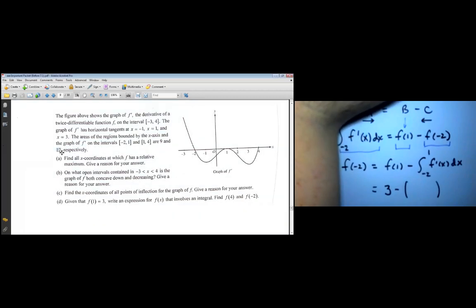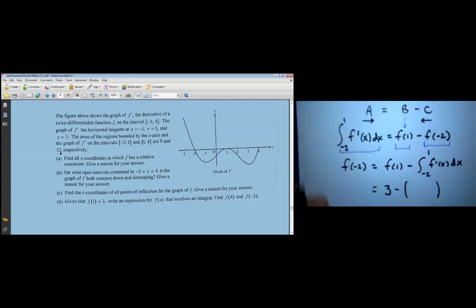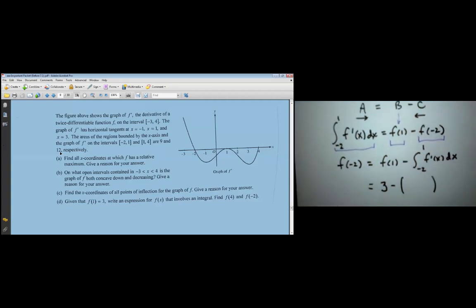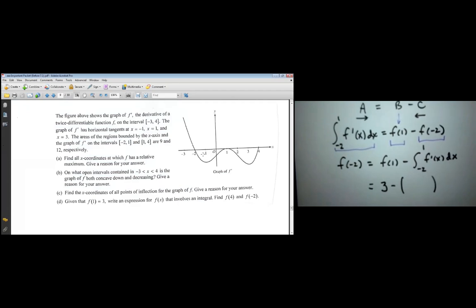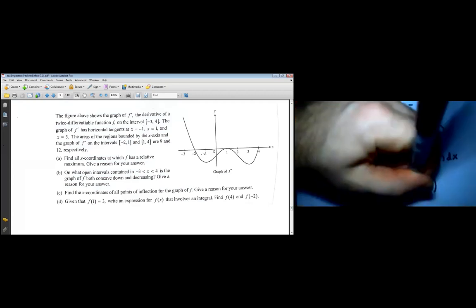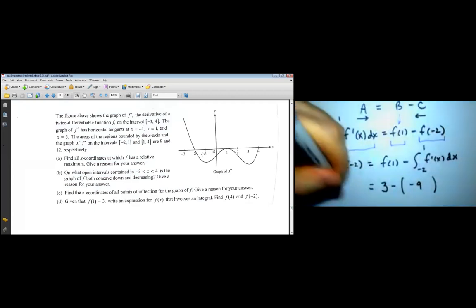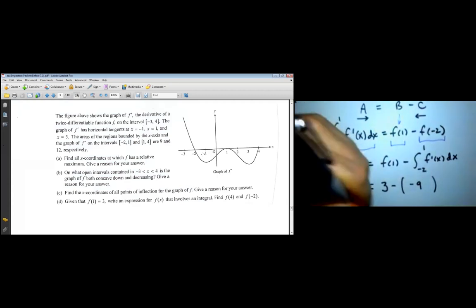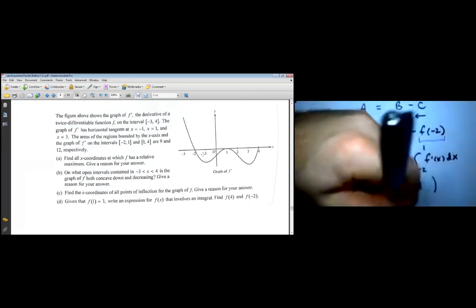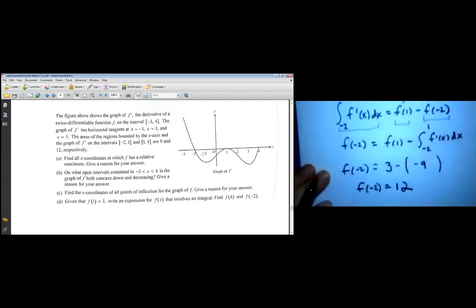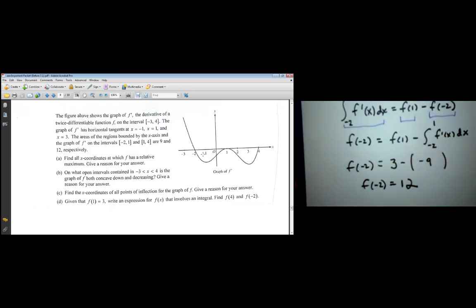And the other one is 12. So this one's going to be 9. But since it's underneath, it's going to be -9. So I'm coming up with 12 for an answer. Does that make sense?